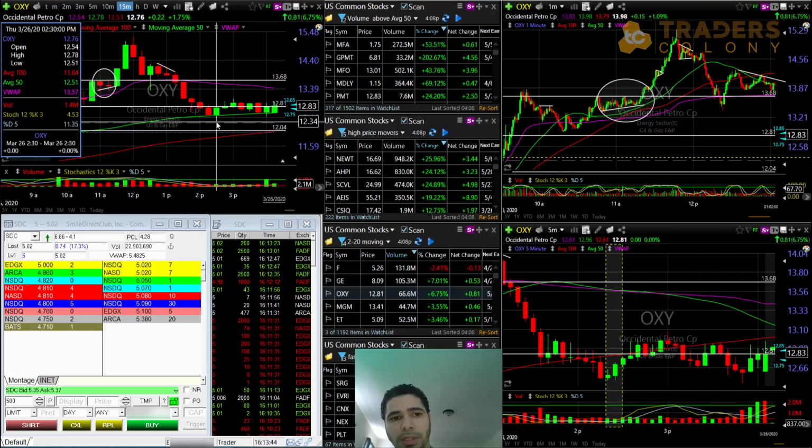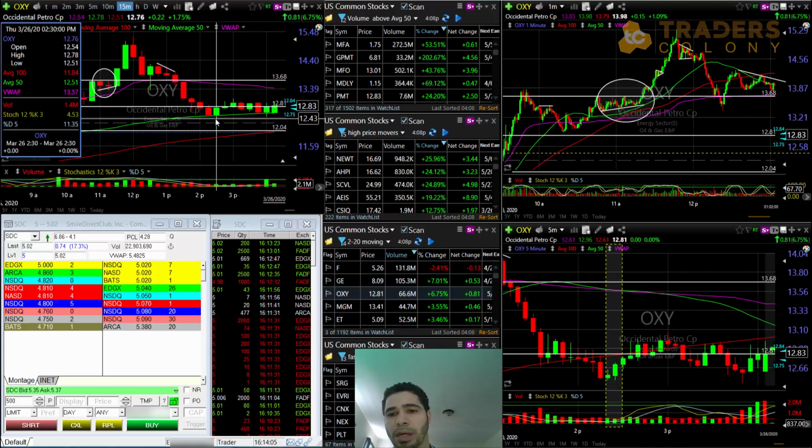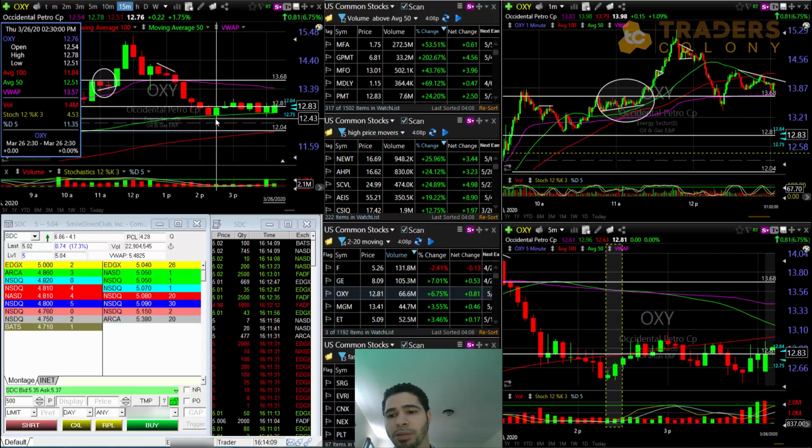It's exactly where it found support, and we have 1251 at the 100 simple moving average on the 15-minute time frame. So it didn't hold the 1281, but it came down here and didn't only find support at the $0.50 support area, it held because it was a major area of support using that simple moving average on the 15-minute time frame. This is the reason why it held over here.